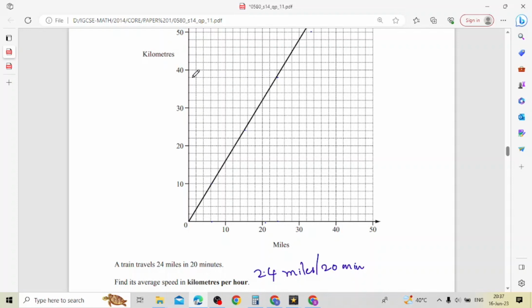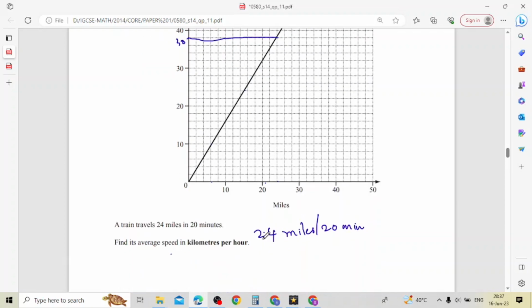What is the number over here? 30, 32, 34, 36 and 38 over here. Each line takes 2, either kilometers or miles. So what we understood is, 24 miles is equal to 38 kilometers.